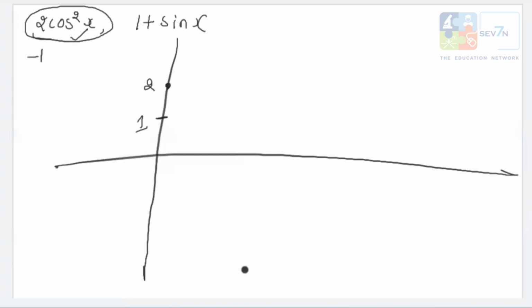So the range of cos is minus 1 to 1, right? Yes. If this is square, there is no negative value then. It is not possible that the graph goes down from this x-axis. Yes. And the graph always starts from your 2. Why? Because if cos x is minus 1, then square is also 1, and 1 multiplied by 2 is your maximum value, right? Yes. So your graph will be in this way.